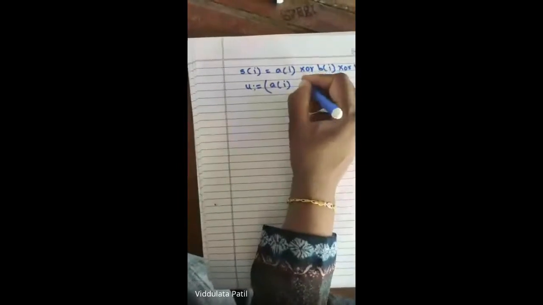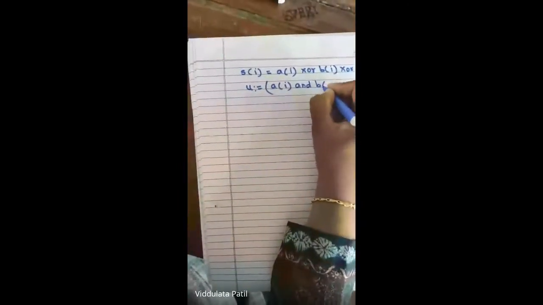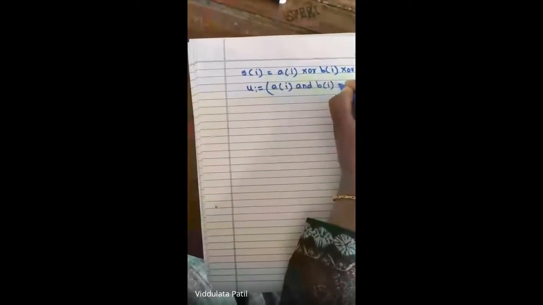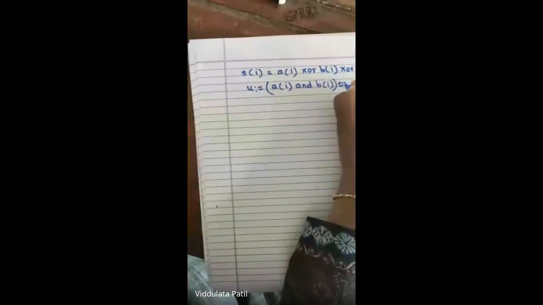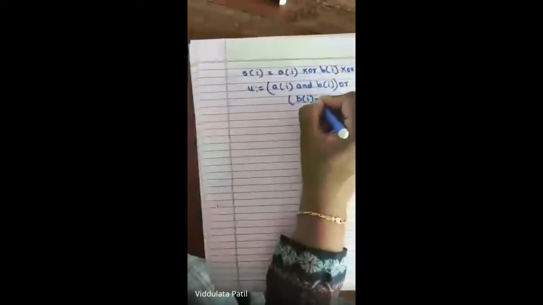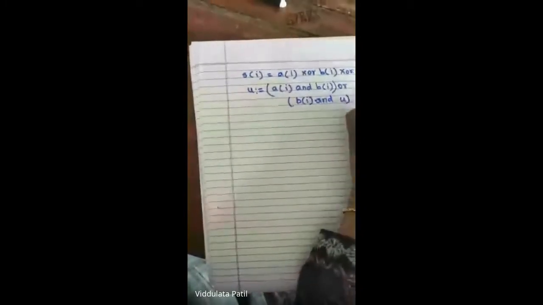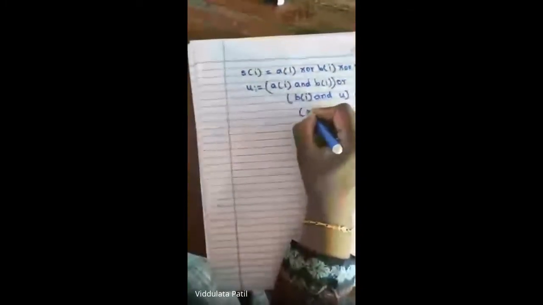So this is A of I and B of I, or B of I and U, or it is U and A of I.